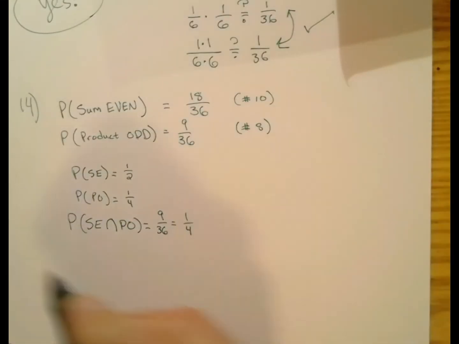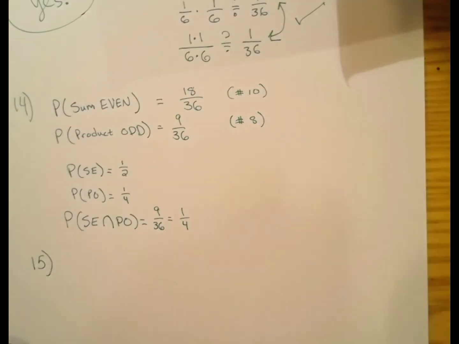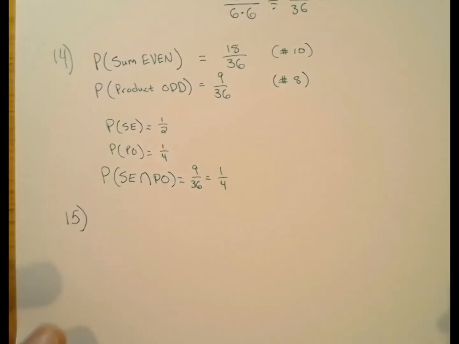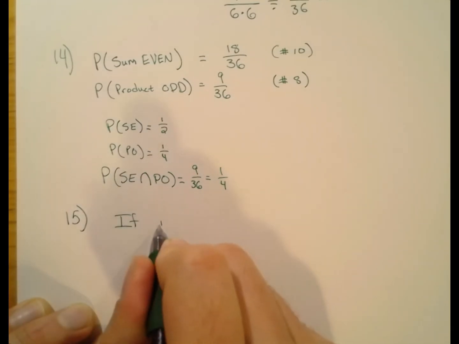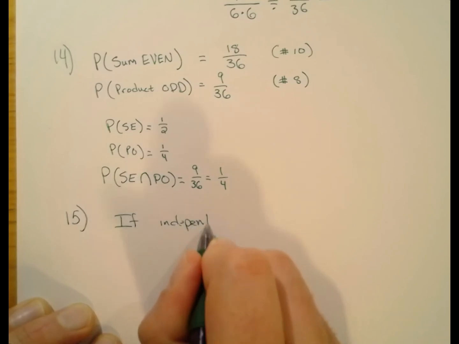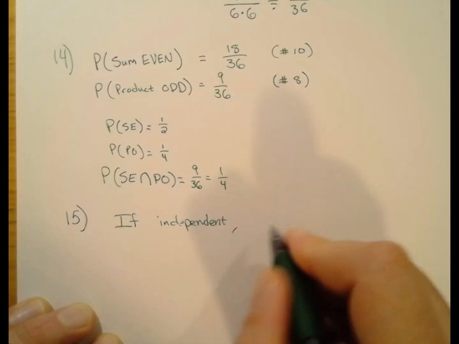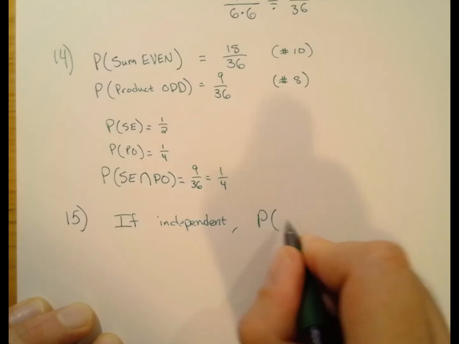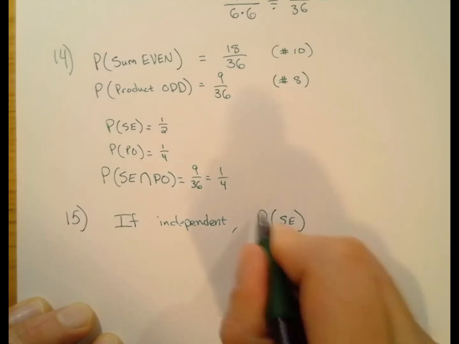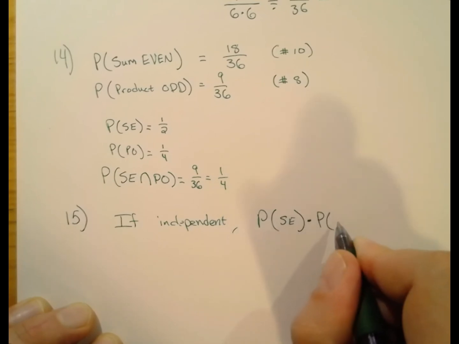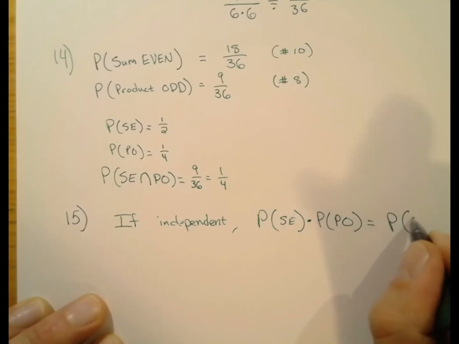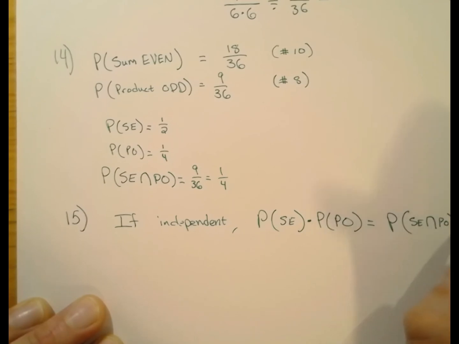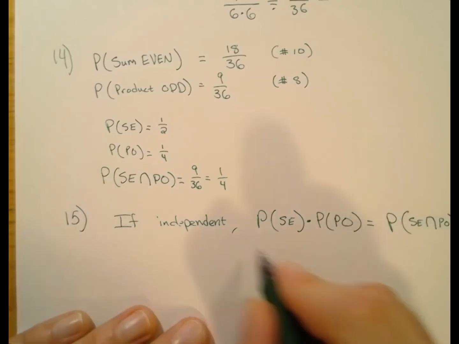What I really did all that other work for is to look at number 15, which is actually what I meant to do the whole time. Are these independent? Well, if independent, then the probability of sum even times the probability of product odd would equal the probability of sum even intersect product odd. So let's see if this is true.